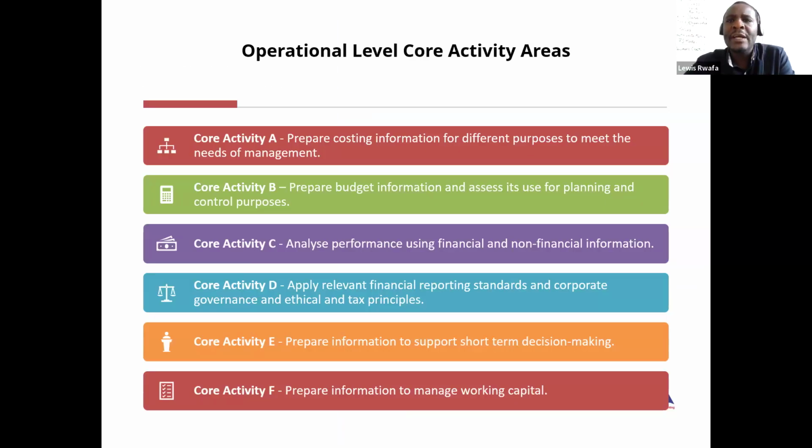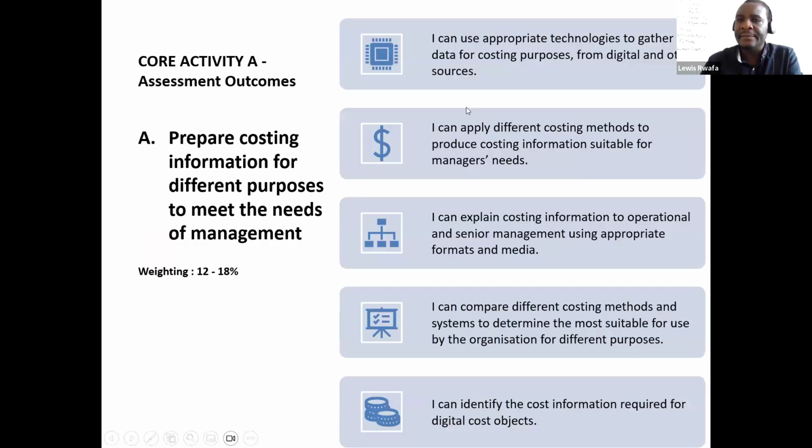Right. So core activity A, these are the main focus areas here. Ask yourself these questions: can I use appropriate technologies to gather data for costing purposes from digital and other sources? You read through Halfpenny. There's something fascinating that I picked up there, that the case is very silent in terms of digital systems and things like that.